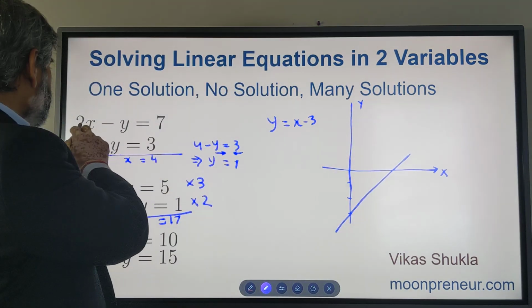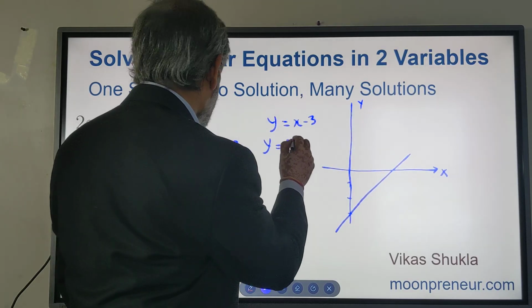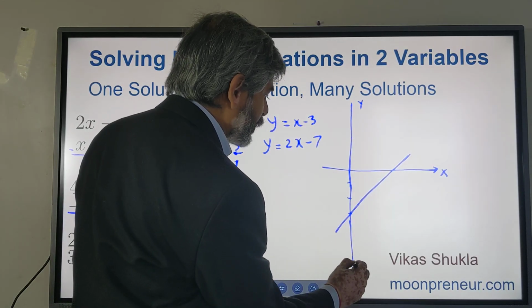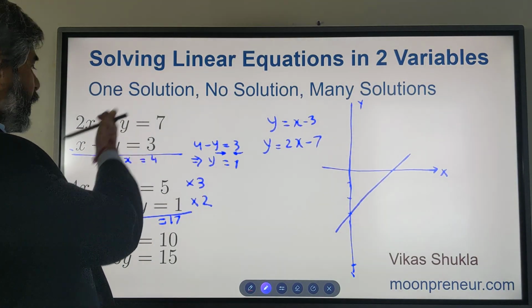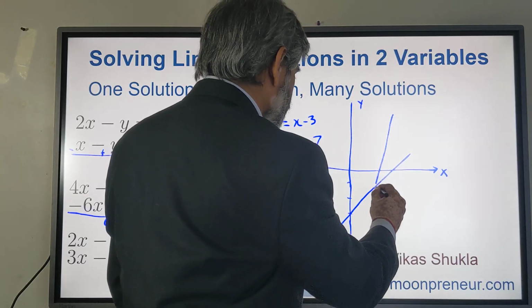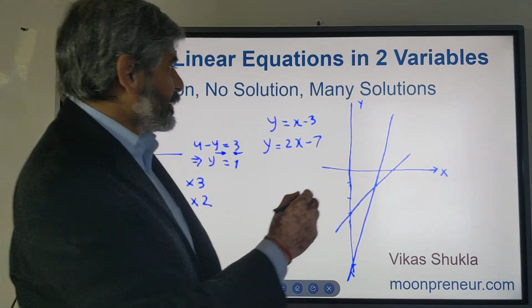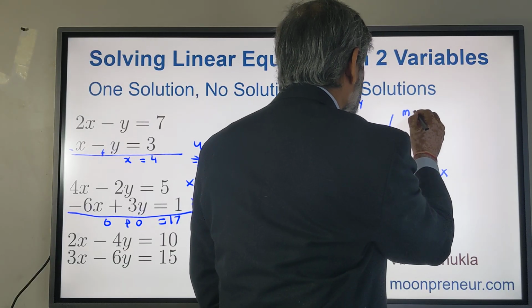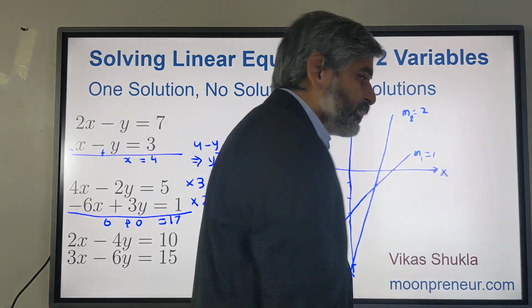Now the other equation, 2x minus y, I can write as y equal to 2x minus 7, has a y-intercept of minus 7, but it has a gradient which is twice this much, so this equation will look something like this. So this has a gradient of 1 and this one has a gradient of 2, m1 and m2.